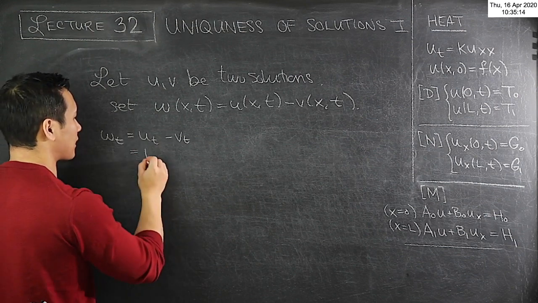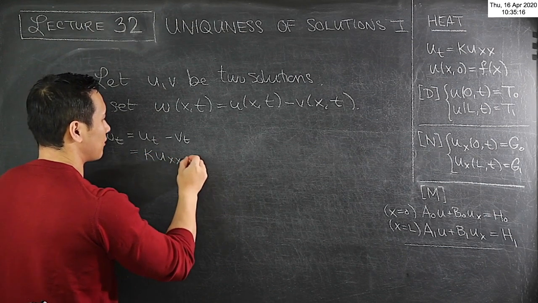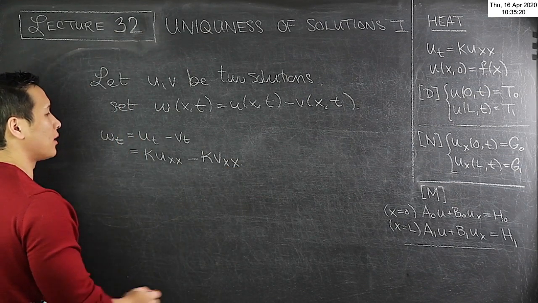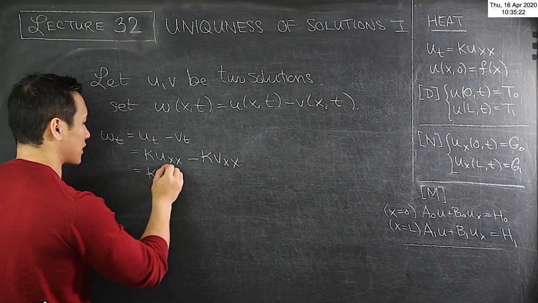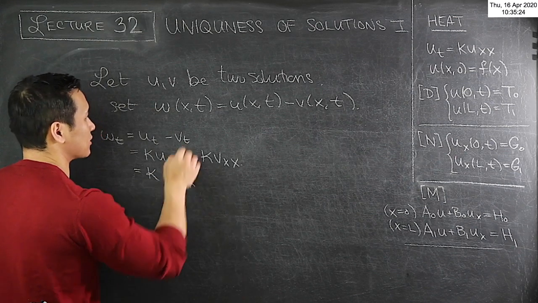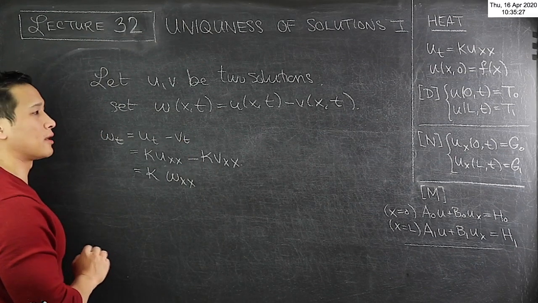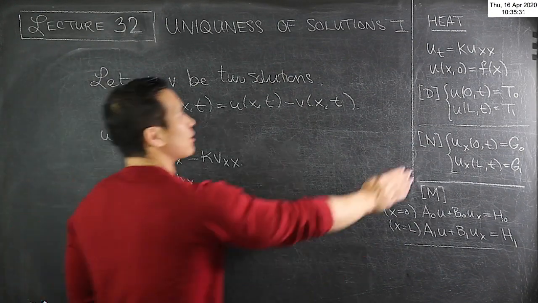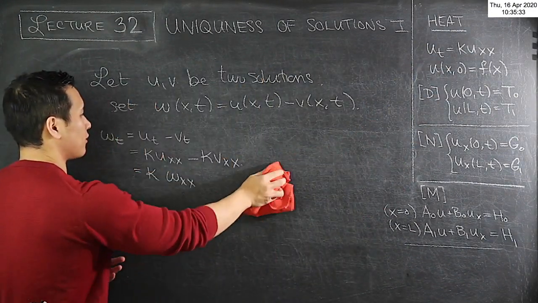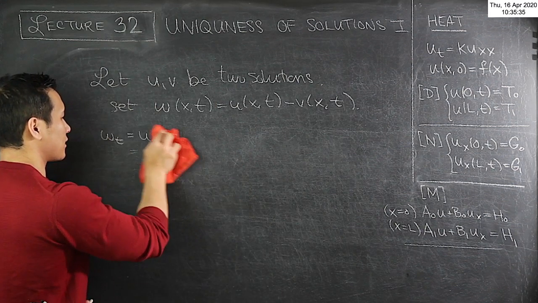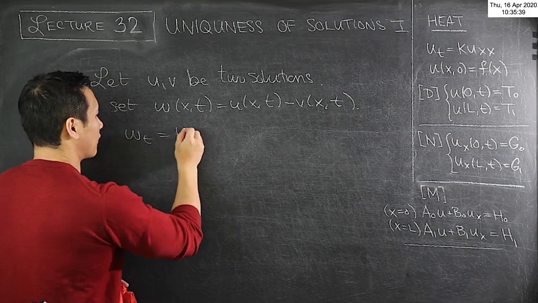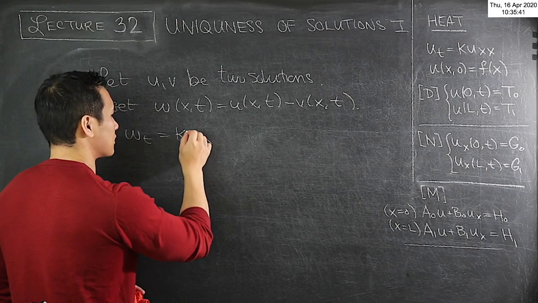So this is basically kappa times u_xx minus kappa times v_xx, and then this is basically kappa times w_xx, just the two x derivatives of w. So in other words, w_t must solve the heat equation itself, so let's erase that, and then we'll write it here again. So this is w_xx.